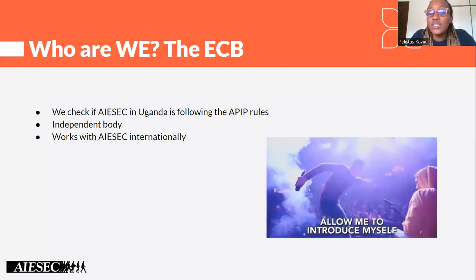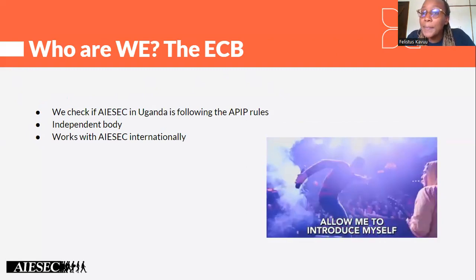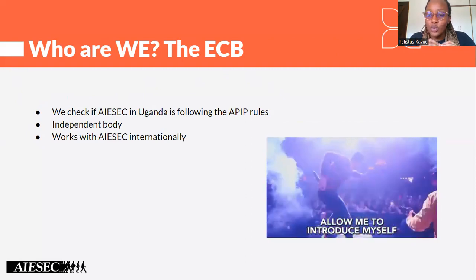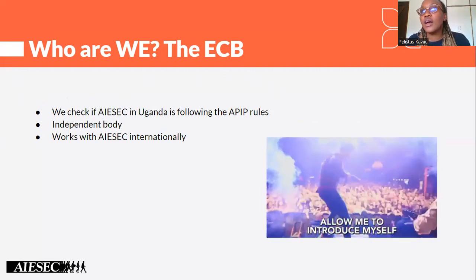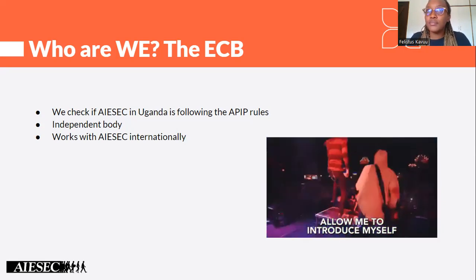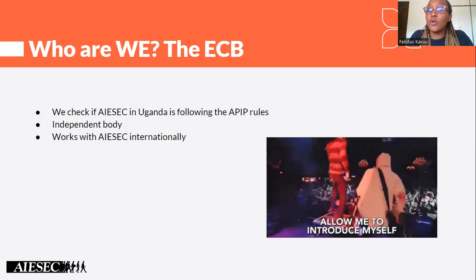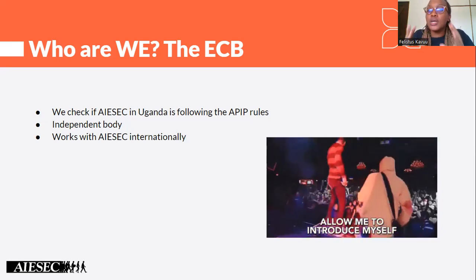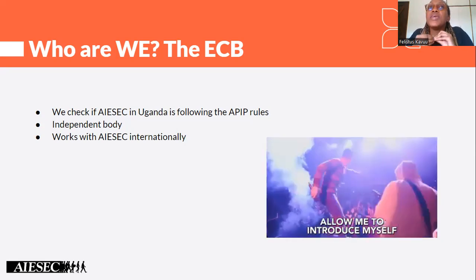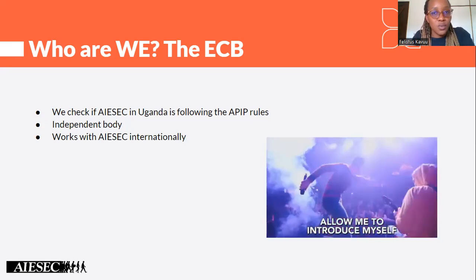So they check to see if Uganda is following the APIP rules. If you don't know what that is, do not worry, we will go through it. But as a brief overview, APIP, the AIESEC Portfolio Internal Policies, is a document that defines the minimums of how to run the different programs that we have.